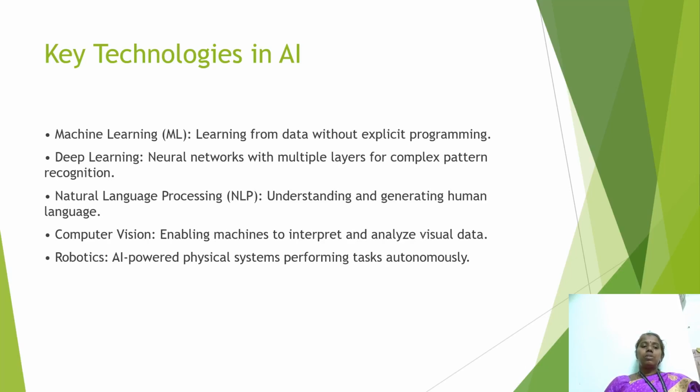Natural language processing enables the computer to understand, interpret, and generate human language, both spoken and written. And the next technology is computer vision. This artificial intelligence subset allows machines to see and interpret visual information such as images and videos.